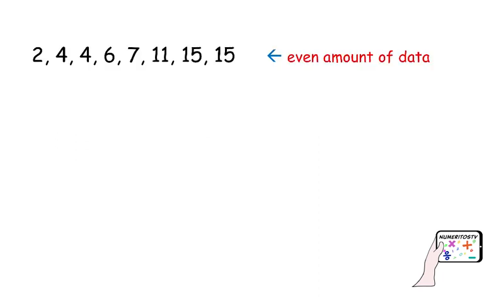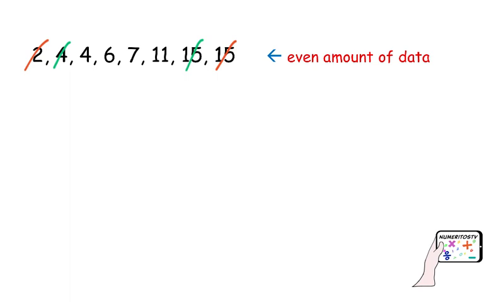But what will happen if you have an even amount of data? The first thing you need to check is that your data is ordered from least to greatest. Here my data is already ordered from least to greatest. I am going to find that middle number, so from the outside to the inside, I am going to start eliminating pairs until I get to that middle number.